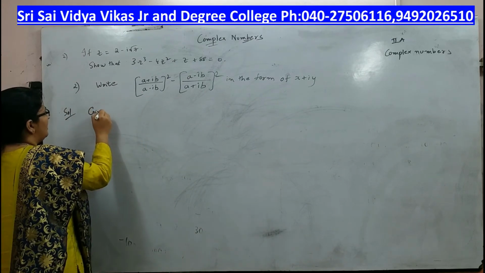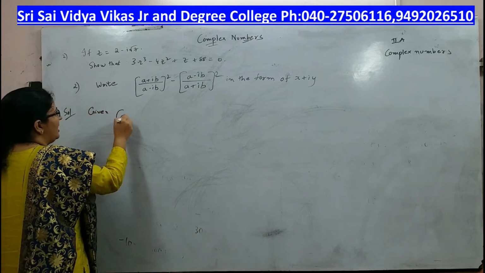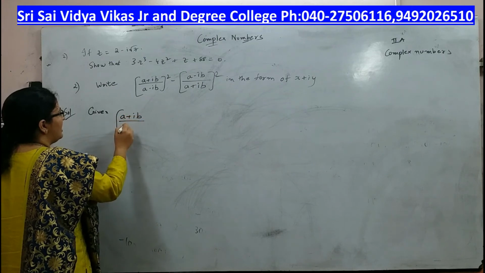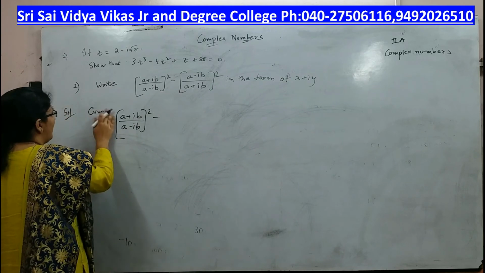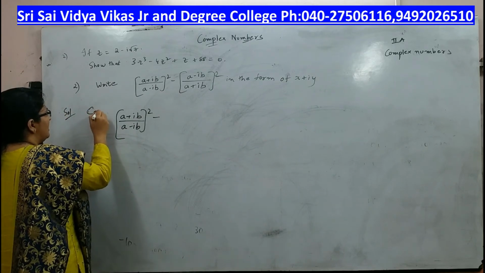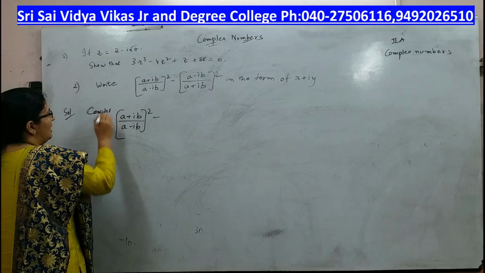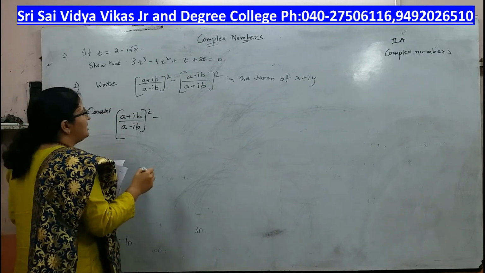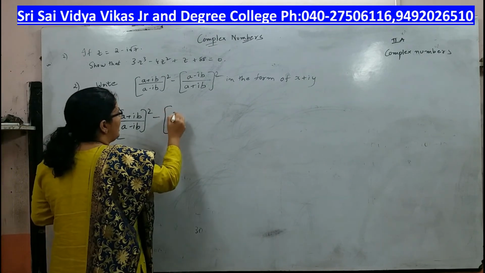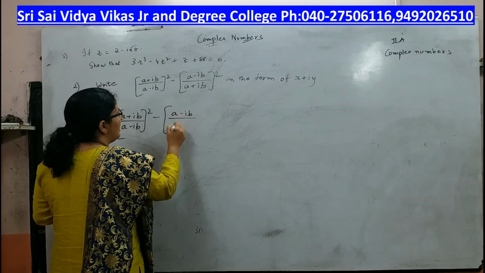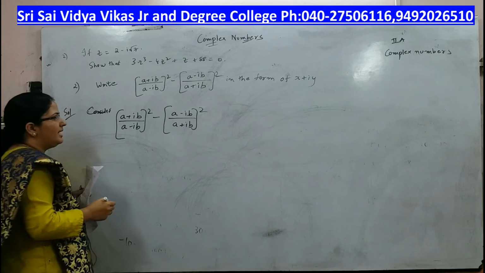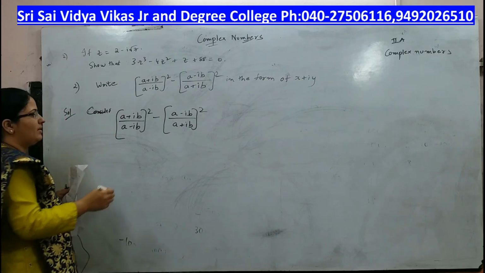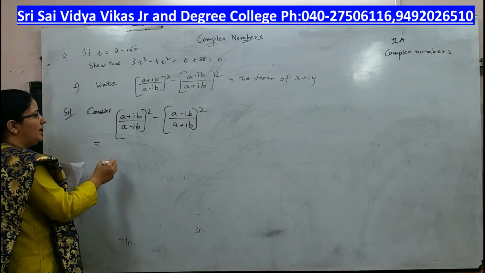Given (a plus ib by a minus ib) whole square, you can write, consider here, (a plus ib by a minus ib) whole square minus (a minus ib by a plus ib) whole square. This is like a square minus b square. A square minus b square is a plus b into a minus b.